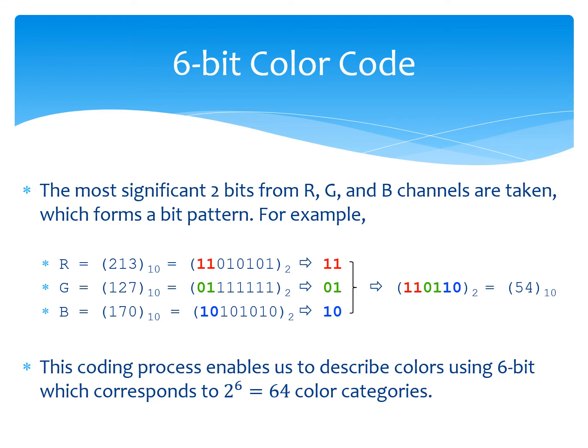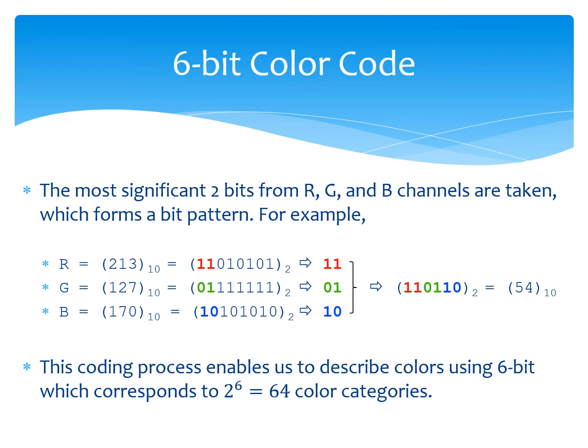As we previously described, we will only take the most significant 2 bits from the red, green, and blue. So from the red channel, we will take the first 2 digits on the left, which is 11 in red. Similarly, for the green channel, we will take the left 2 bits, which is 01 in green.